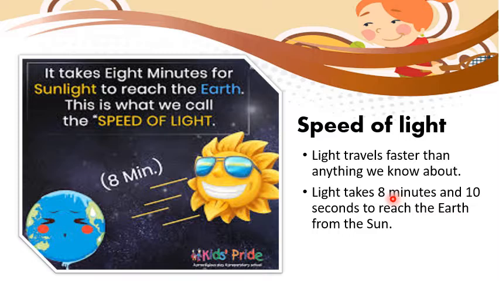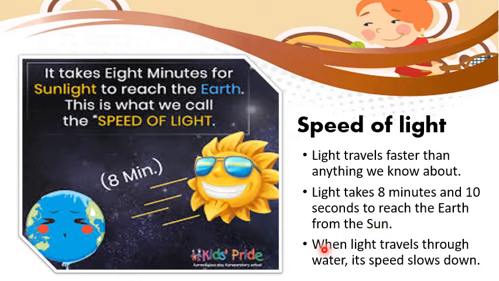It takes 8 minutes and 10 seconds to reach the earth from the sun. When light travels through water, its speed slows down. Okay? If the light is traveling, the speed is fastest. But when it travels through water, its speed slows down.